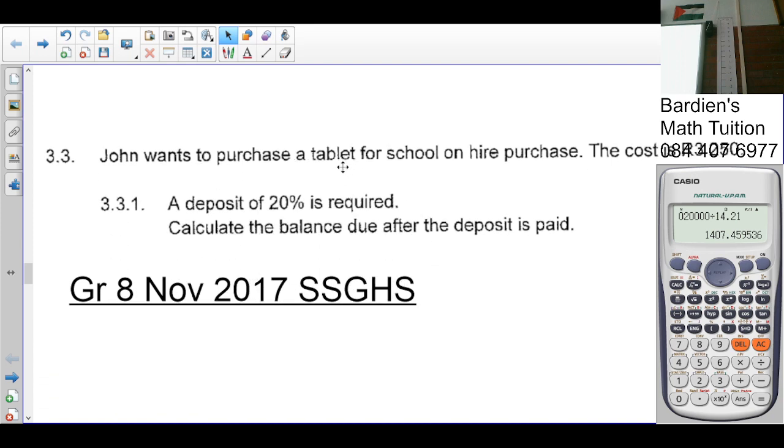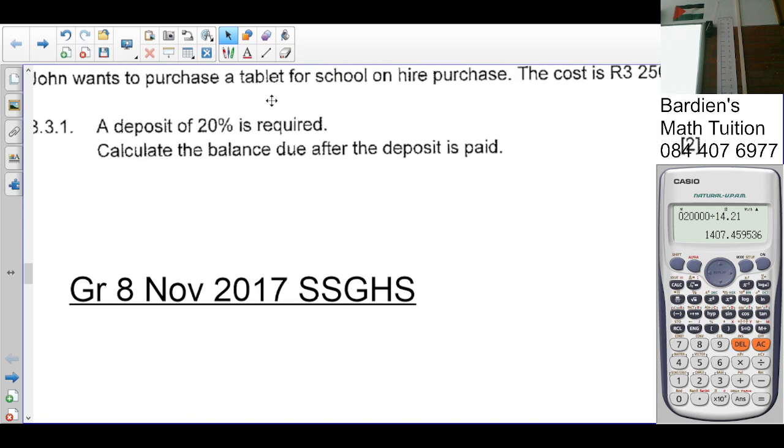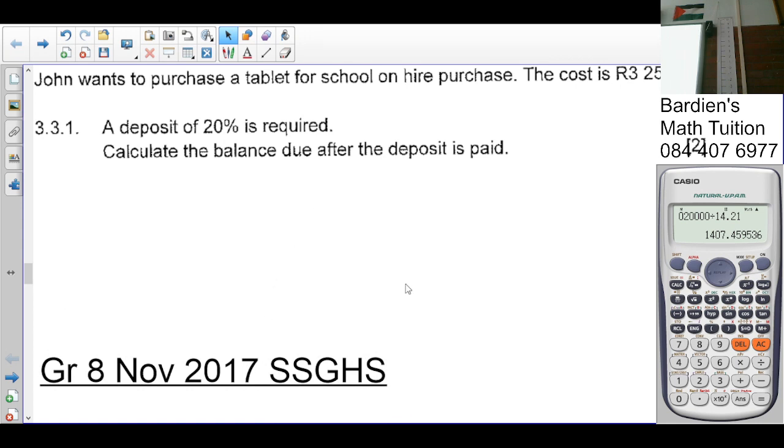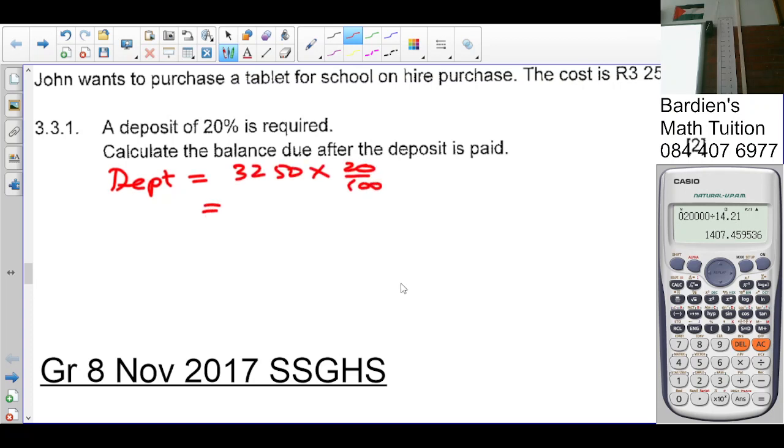The next one, 3.3. We are told that John wants to purchase a table for his school. The cost is 3,250 Rand. A 20% deposit is required. Calculate the balance due after the deposit is paid. To work out the deposit: 3,250 Rand multiplied by 20 over 100.